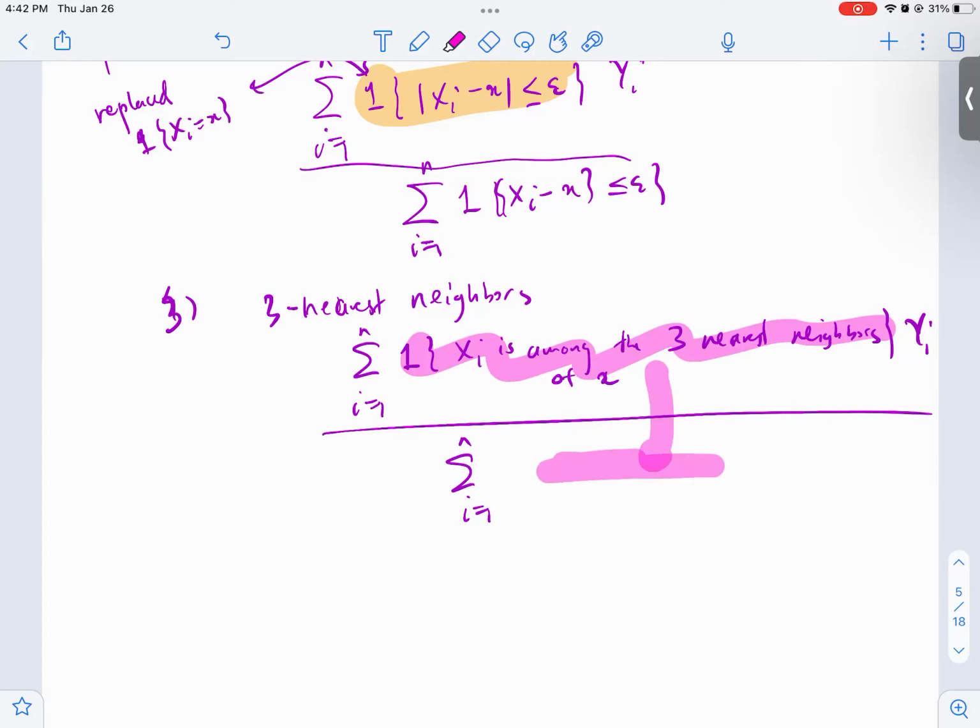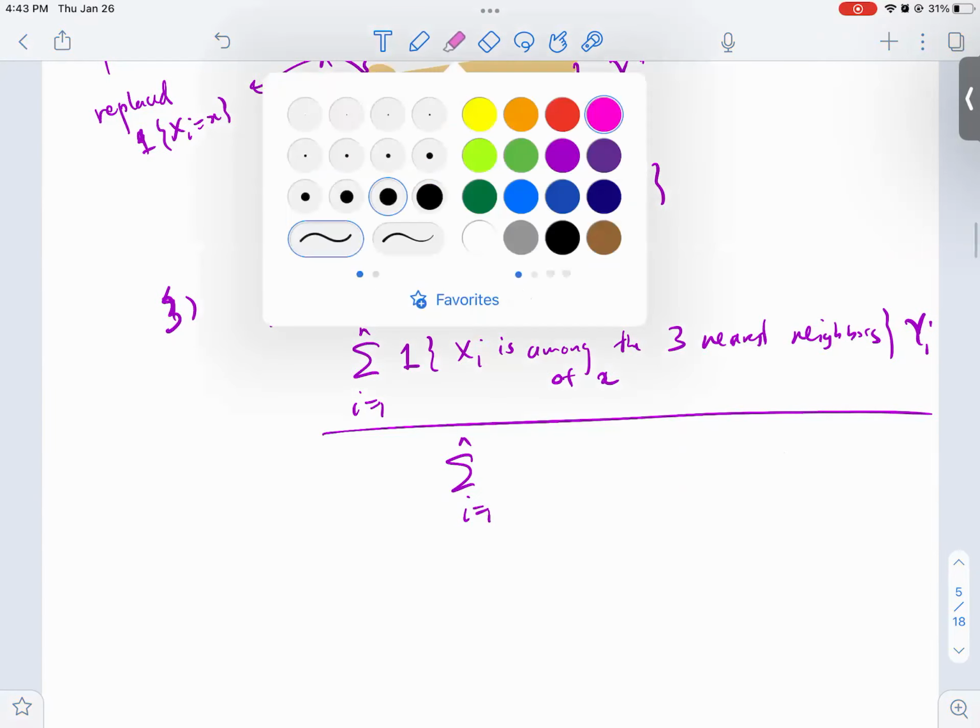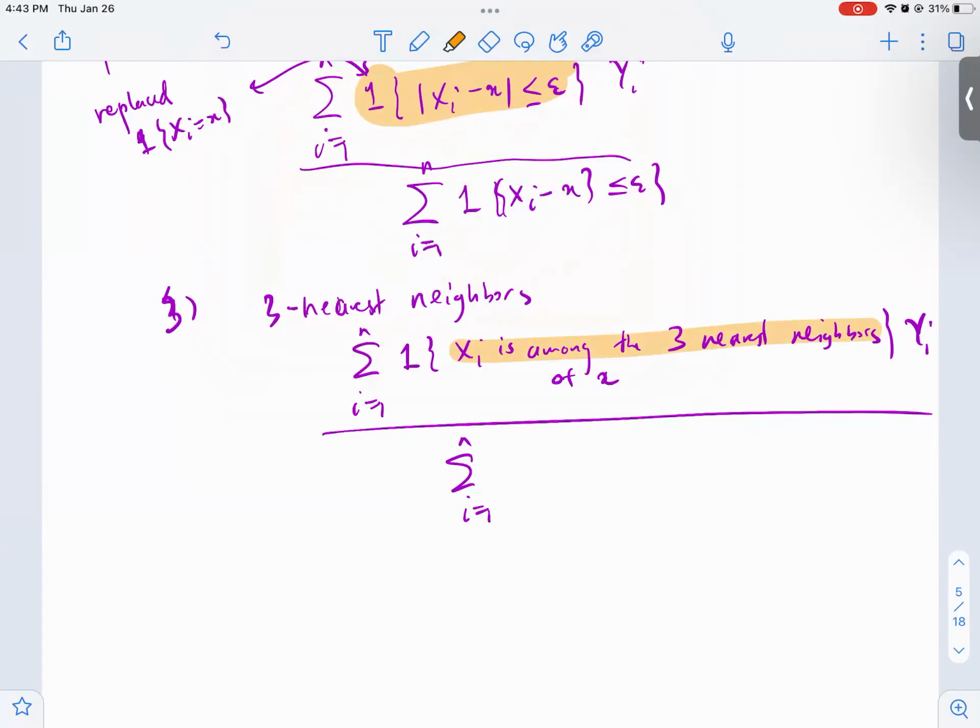So it just replaces that indicator with some other indicator. What kind of examples do I need to choose? Here I'm choosing all the examples that are three nearest neighbors.